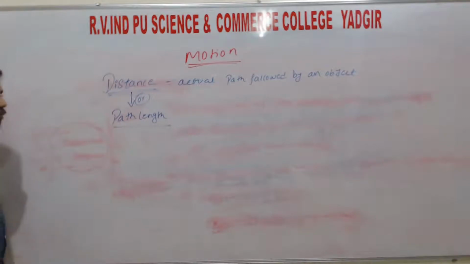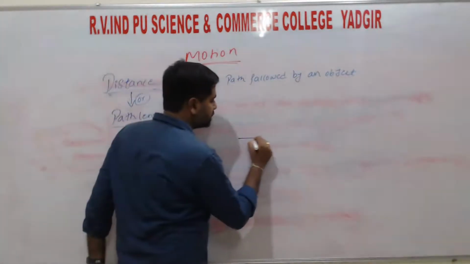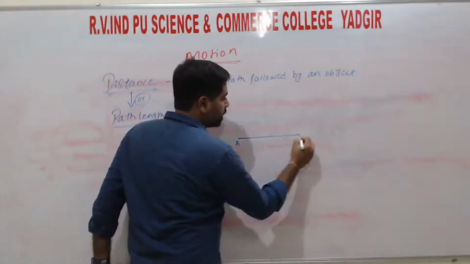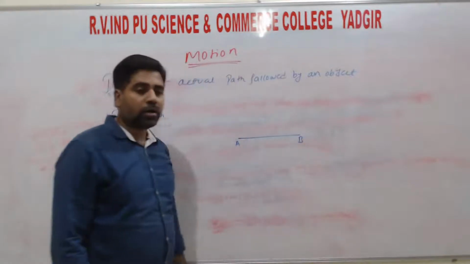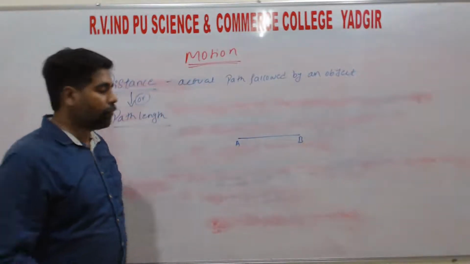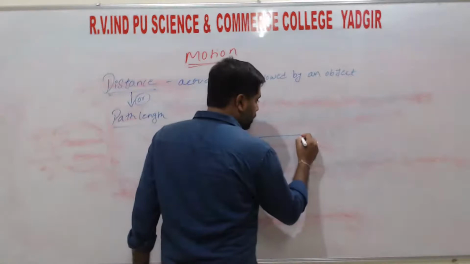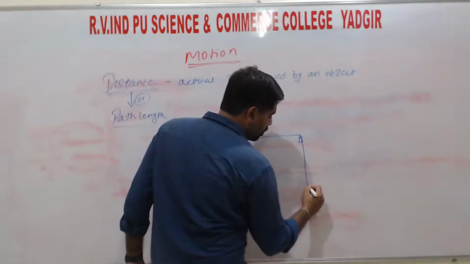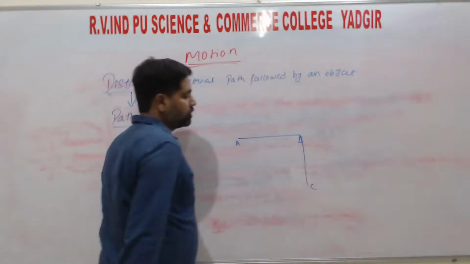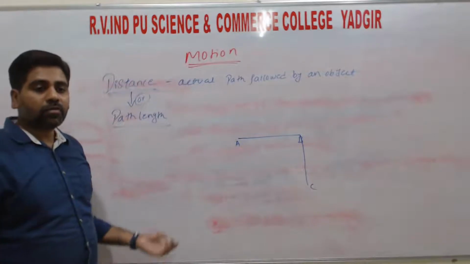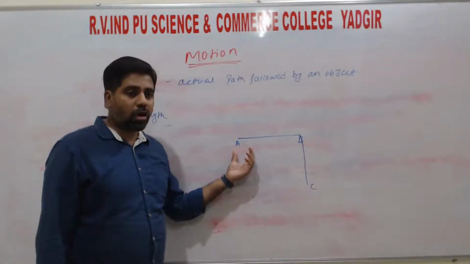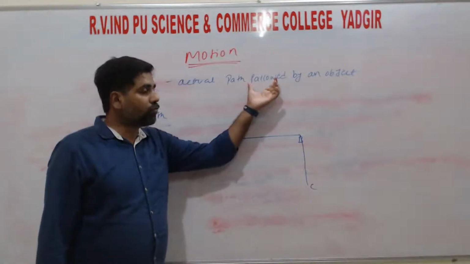So for example, an object is traveling from A to B along the x-axis and further it deviated and traveled along the y-axis to C, right? So the distance is the actual path followed, right?